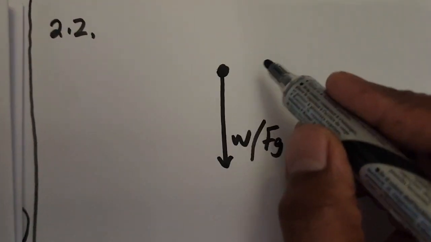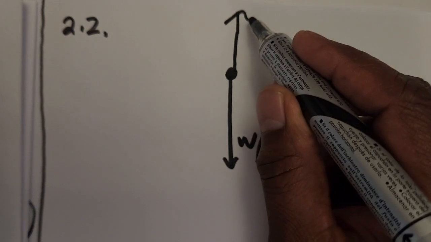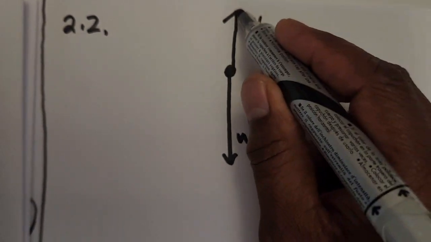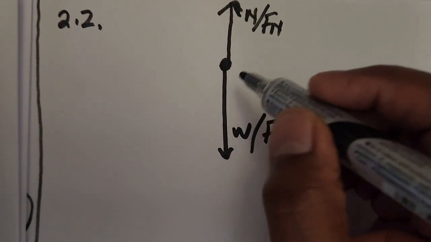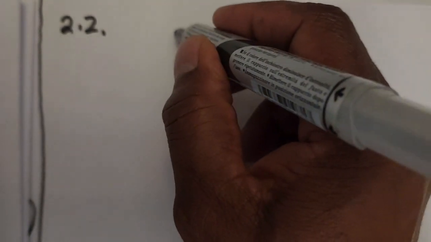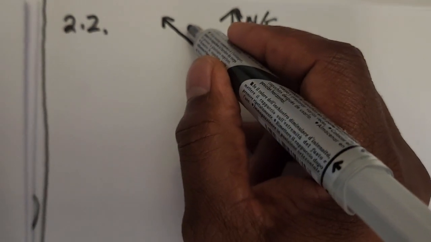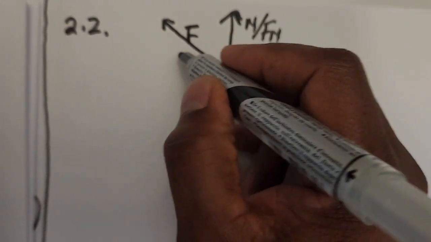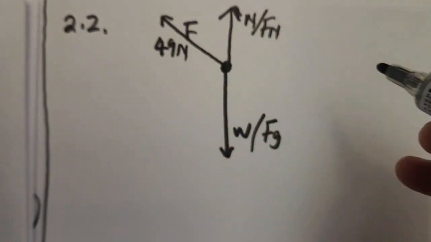Then, because there is a surface, there will be a normal force. You write N or Fn, no problem. The force that is given in the diagram is 49. You can write F, capital letter F, or write Fa, or just write 49 Newton, it is okay.